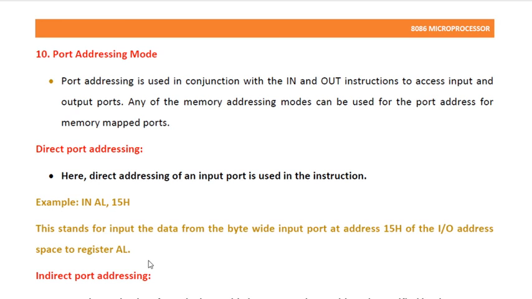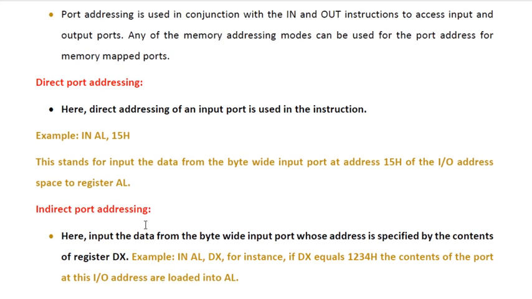This stands for input the data from the byte input port at address 15H of the IO address space to register AL. It will place the content of input port 15 into the register AL. This is how direct port addressing works. Here I directly specify the port address in the instruction.